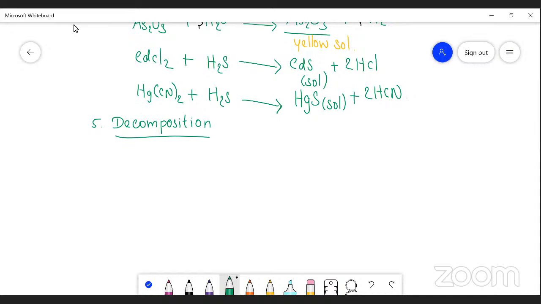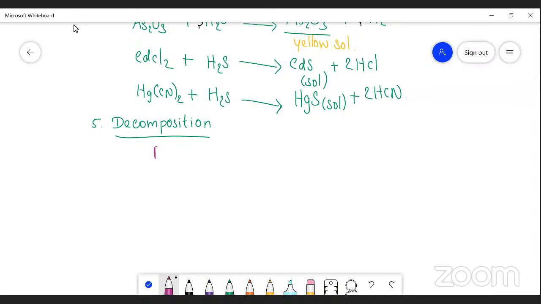A compound that is decomposed into its constituent ions is known as decomposition. In this decomposition reaction, we add a few drops of acid to a dilute solution of sodium thiosulfate.